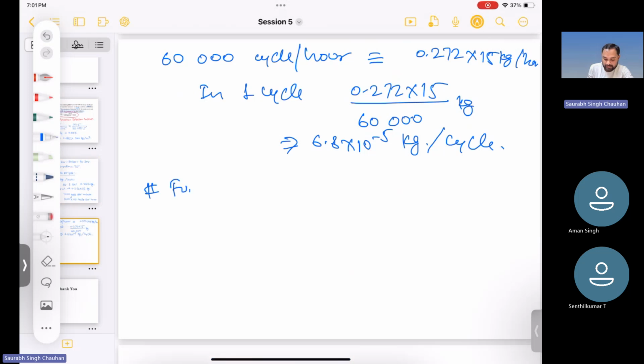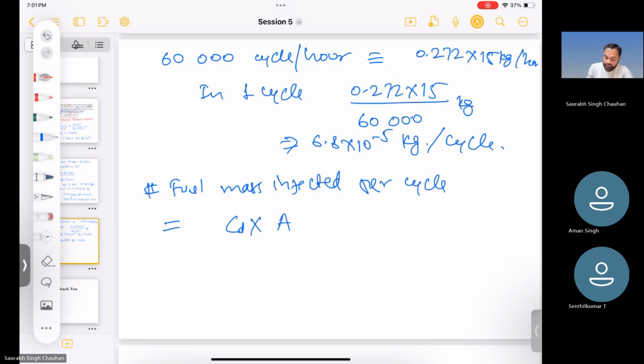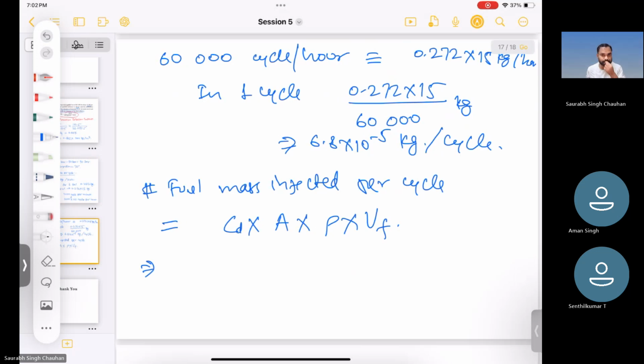Fuel mass injected per cycle will be the coefficient of discharge times area of the hole times density times velocity into time, right?